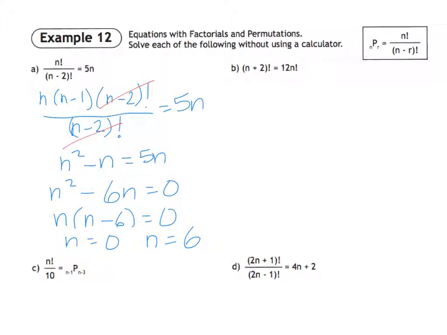Anytime that you do some canceling with a numerator and a denominator to simplify something like that to solve, you may end up with extraneous solutions. And I feel like one of these might be extraneous. What do you think? n cannot actually equal 0 because that denominator is undefined when n equals 0.